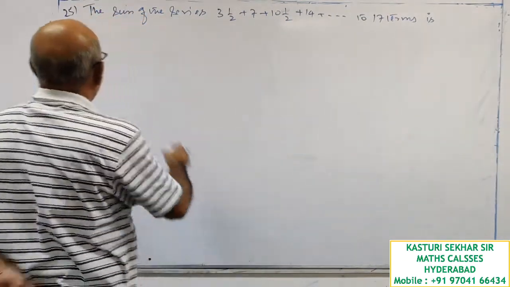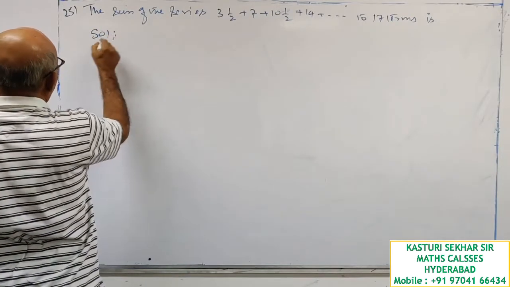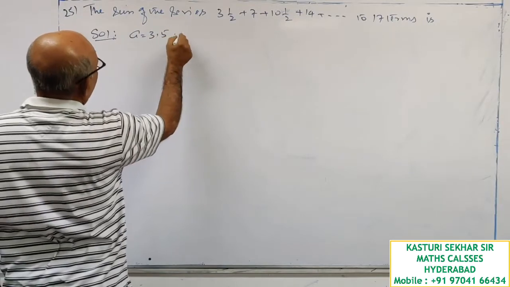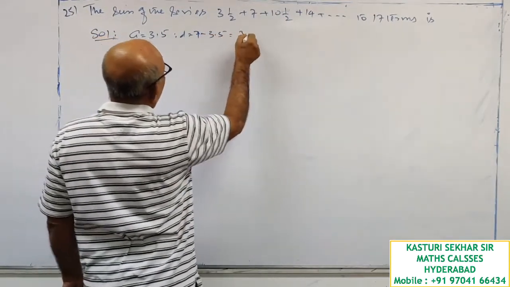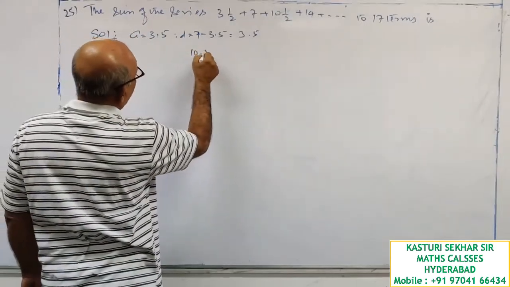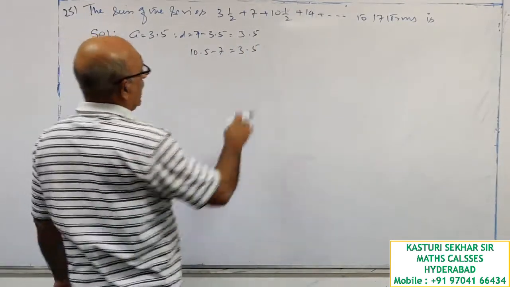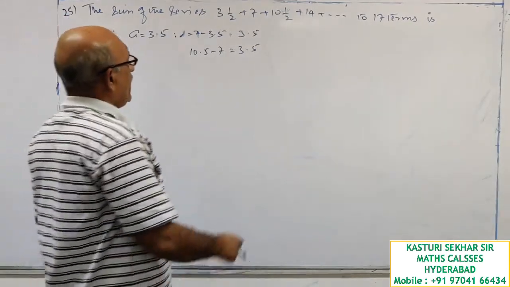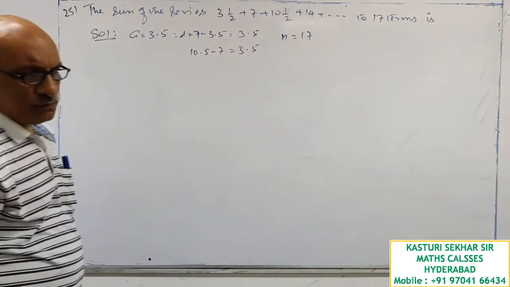See the solution. A is equal to 3.5. Common difference is 7 minus 3.5, this is 3.5. 10.5 minus 7, again 3.5. Now n is equal to 17. Number of terms are 17.